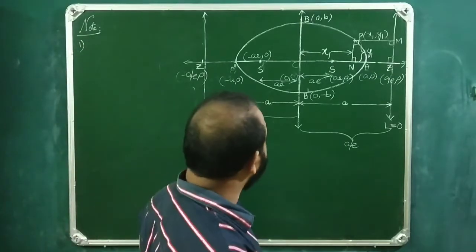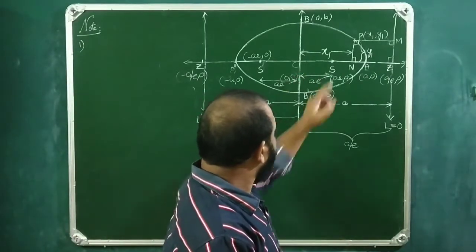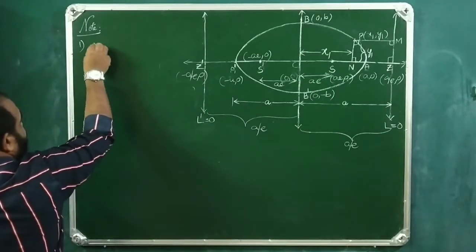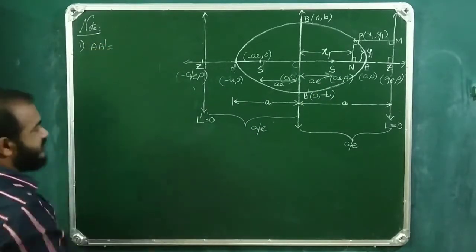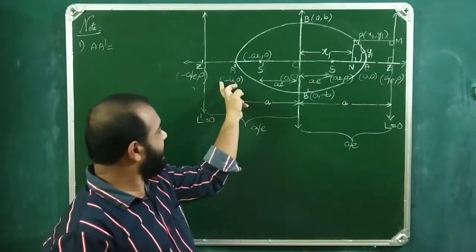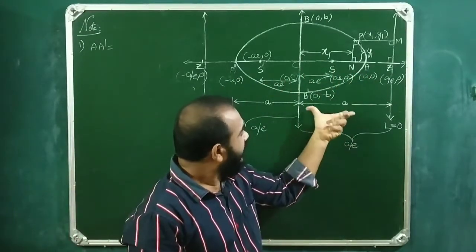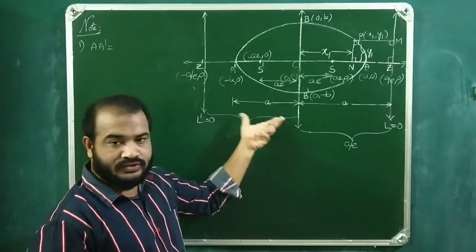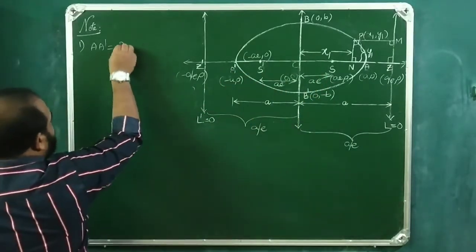So A A dash is nothing but CA plus CA dash. CA is A and CA dash is also A. So this is 2A.